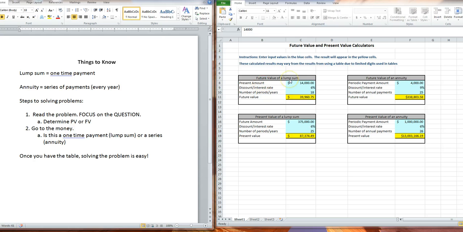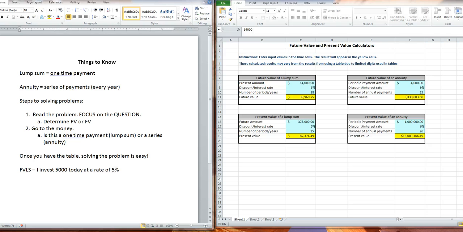Future value of a lump sum sounds like this. Let me put an example on here. Future value lump sum. I invest $5,000 today at a rate, a percent yield, an interest rate, of 5%.